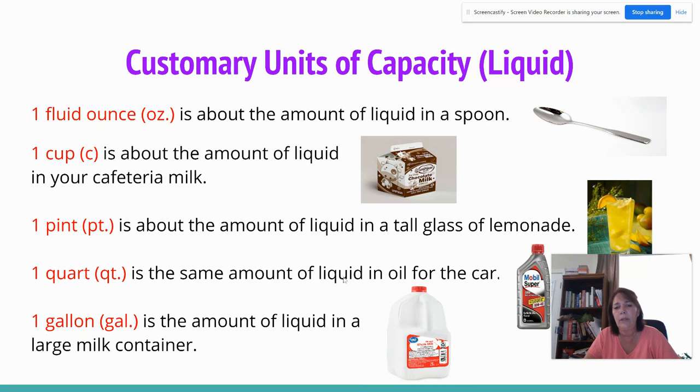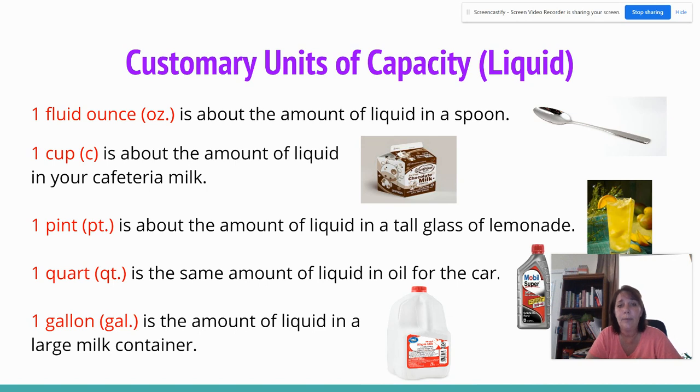1 quart, if you have ever seen anybody work on their car, and they pop up the hood of their car and they're pouring in some oil, that is the amount of a quart. 1 gallon is about the size of the milk that we have in our refrigerator.